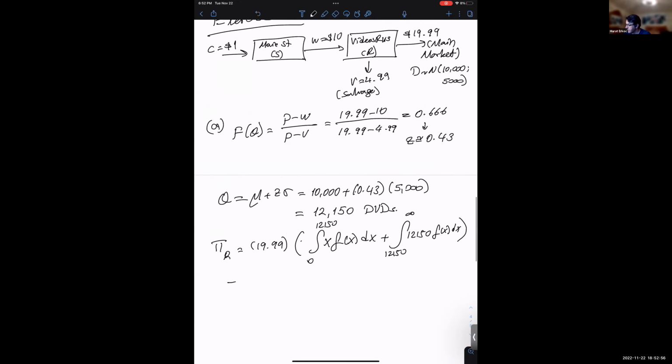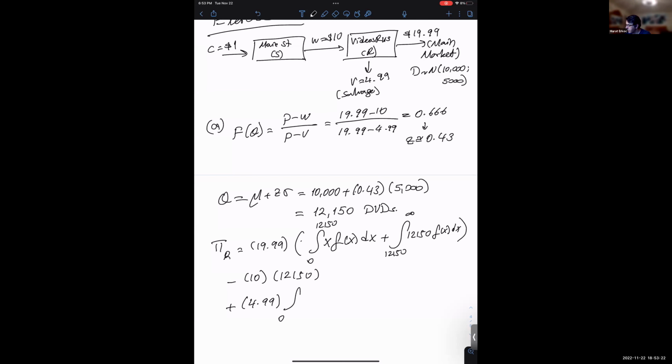Remember, $10 is the wholesale price, so it's going to be 10 times how many? 12,150. And then the other part is the salvage value, which is basically $4.99 times the unsold. When do you have unsold?